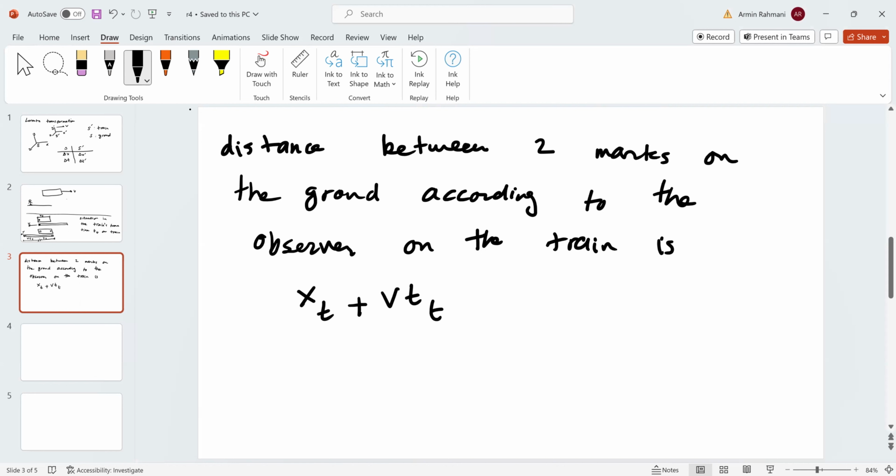Okay. Now we can ask ourselves, what is that distance between the two marks according to an observer on the ground? And we know there has to be length contraction, right?